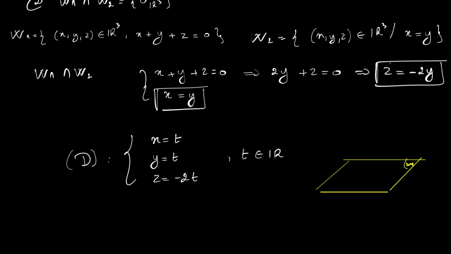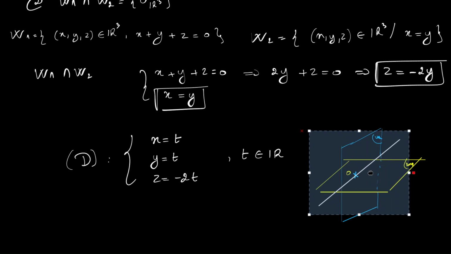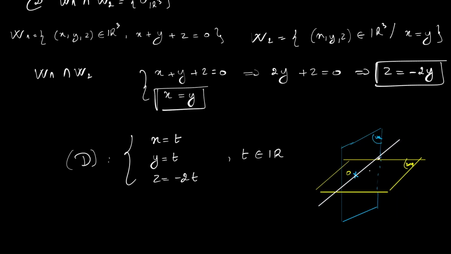Okay, we have our W1, and the second plane is like this, which is W2. The origin must be in the two planes, and here we have the intersection, which is a line that passes through the origin and is included in W1 and W2.